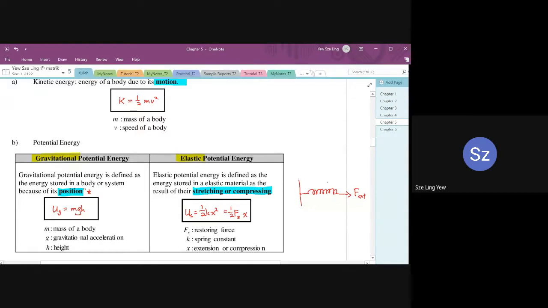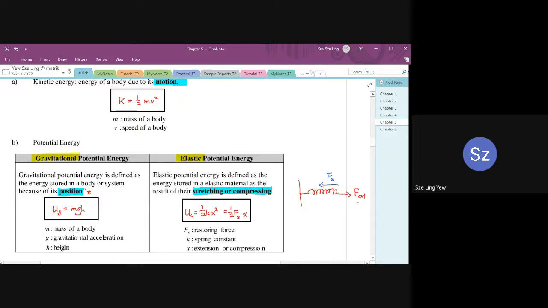At the same time, if you pull a spring, you will feel that it always wants to go back to its original position. That is because there is an internal force, known as restoring force, stored in the spring that tries to bring the spring back to its initial condition.